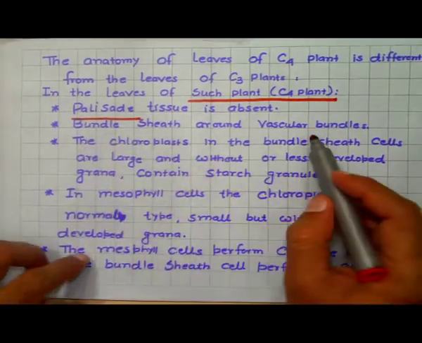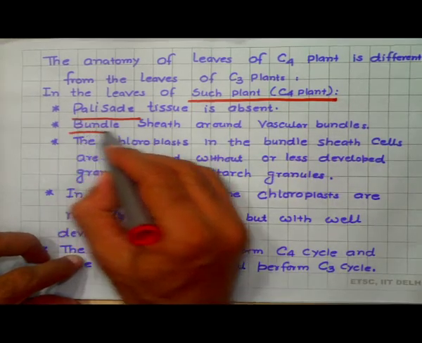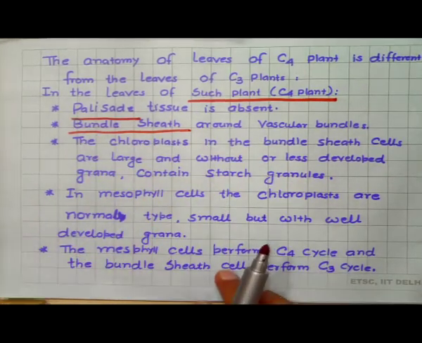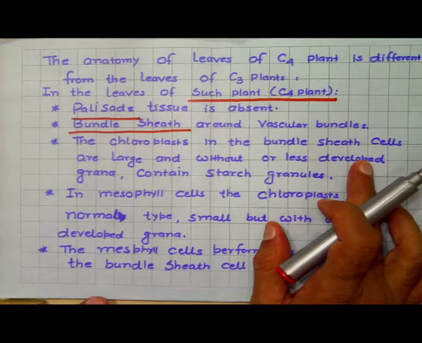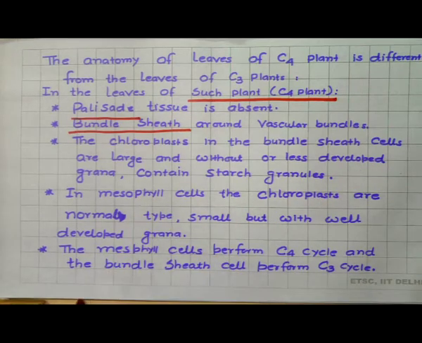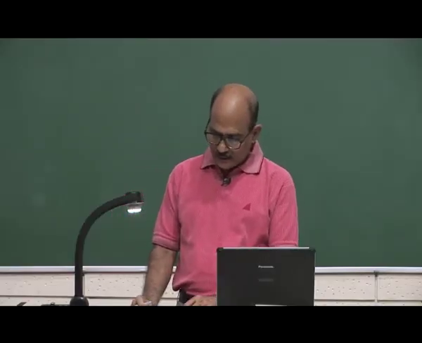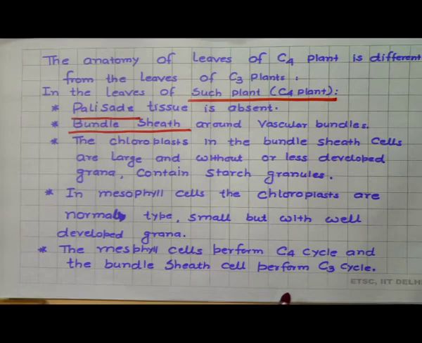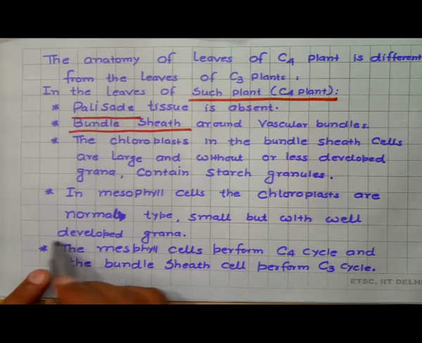Bundle sheath around the vascular bundle. The chloroplast of the bundle sheath cell are large and without or less developed grana. It contains starch granules. In mesophyll cell, the chloroplasts are normal type, smaller but well developed grana.